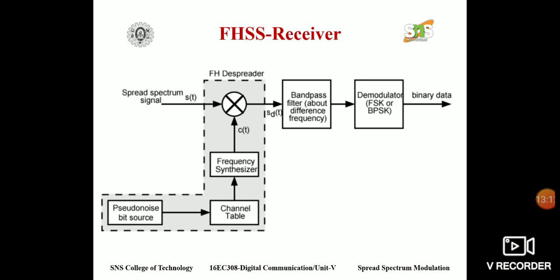Then we have a demodulator, either FSK or PSK. Since we used FSK or PSK on the transmitter side, the same demodulator must be used at the receiver. Finally, the binary output data is obtained from the FHSS receiver.